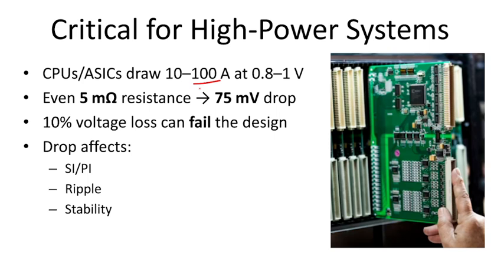And whenever we have this kind of failure, it's not just a voltage drop problem, it will affect the signal integrity and power integrity of the design. So when you don't have a proper voltage reaching the IC, you can't expect the IC to function properly, and it is going to cause a delay in its response.